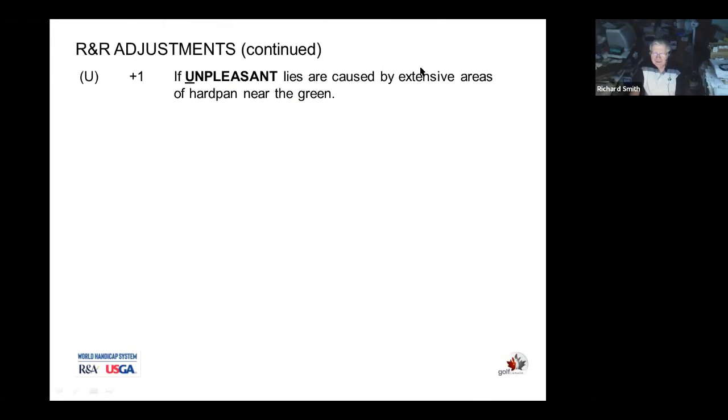Continuing, if there are excessive areas of hard pan near the green. Now we had this possible adjustment of unpleasant with respect to hard pan in the fairway. Here, if there's an area of hard pan near the green, you could have a U+1.